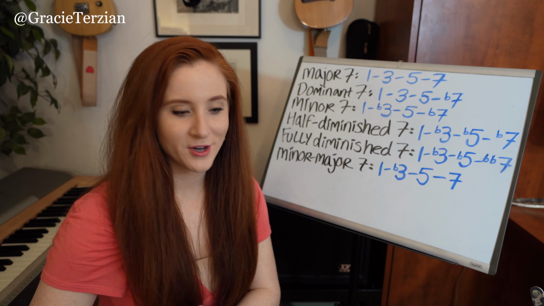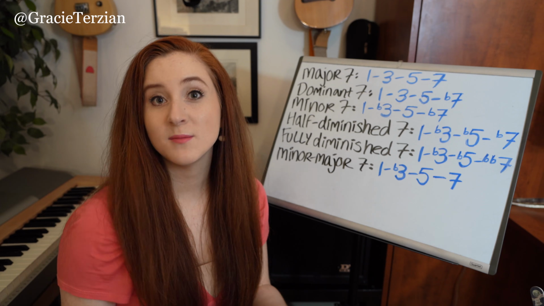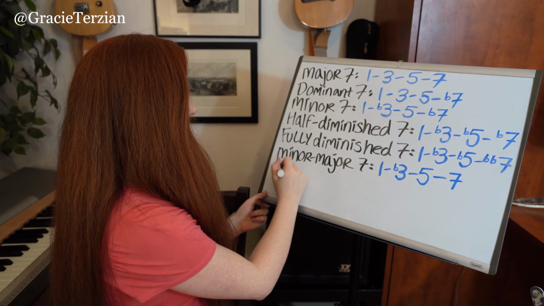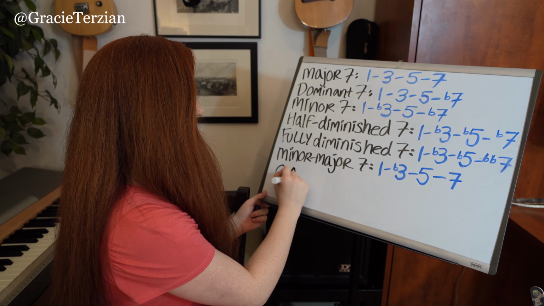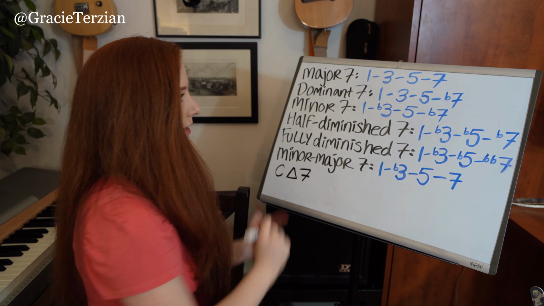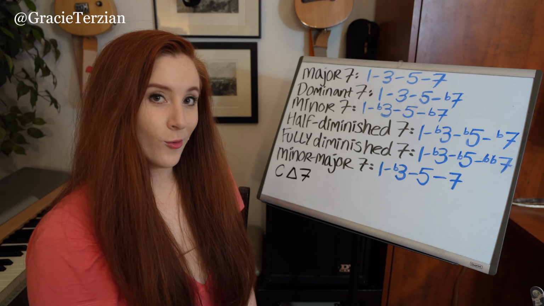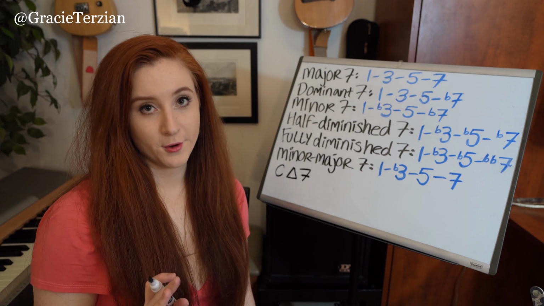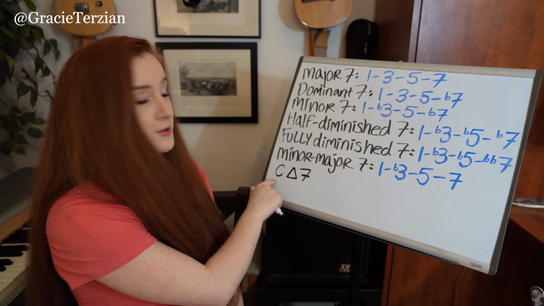So let's say we are trying to figure out the notes in a C major 7 chord, okay? So our chord is C major 7, remember major shorthand is a triangle. So first things first, we're going to think about the major scale of the root note. Okay, so what is the root note? The root note is C, right?